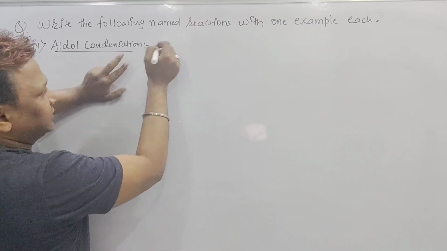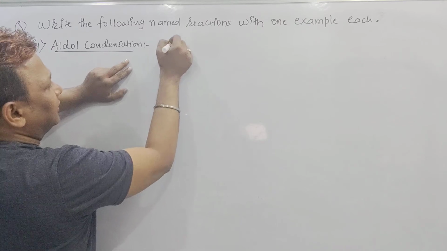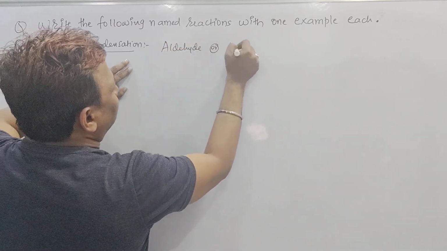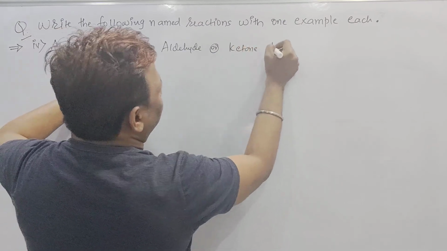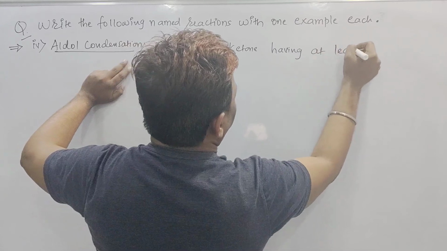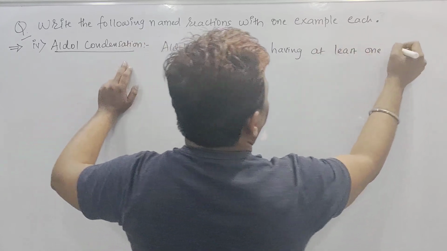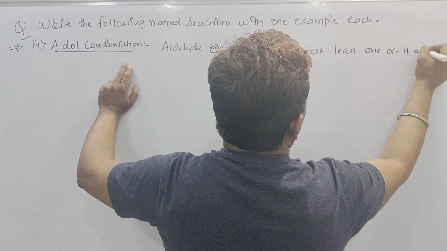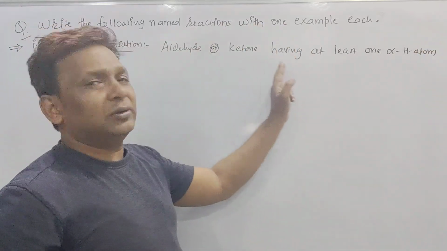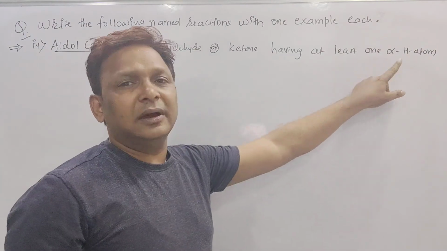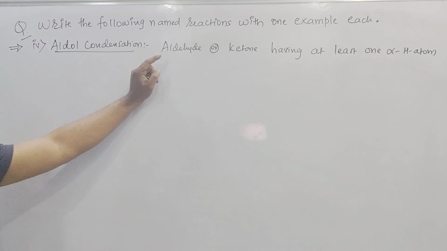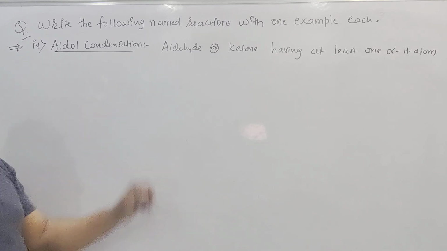If you want to write the actual statement, you should write in this way. Aldehyde or ketone having at least one alpha hydrogen atom, right? Beta? Alpha hydrogen atom can undergo condensation in presence of dilute NaOH.